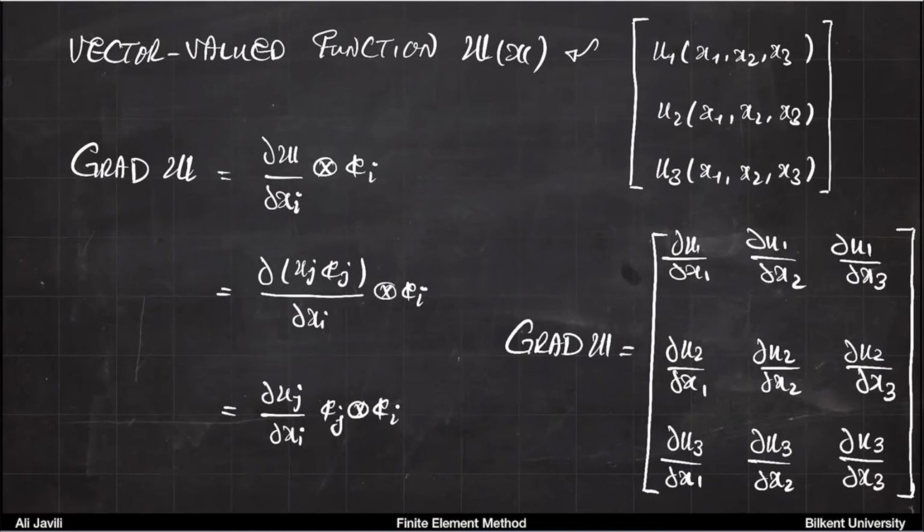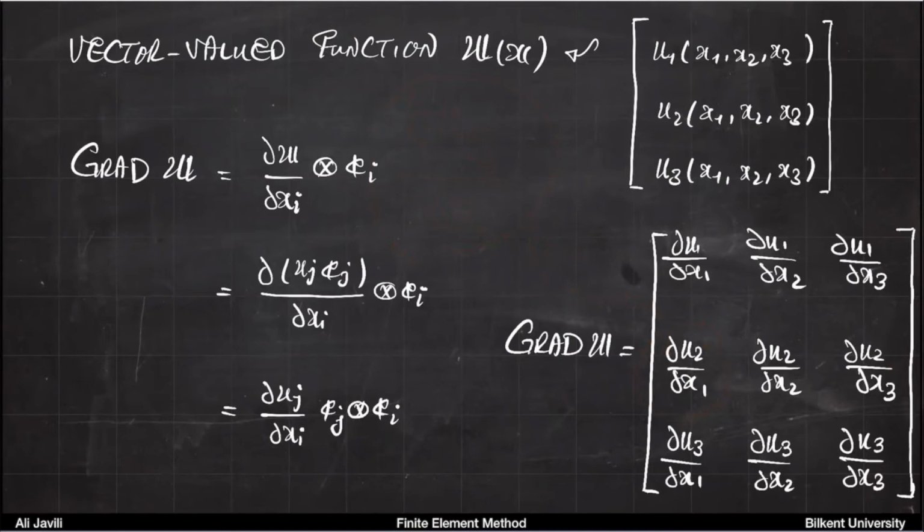So the gradient of that vector is a matrix, or otherwise a second order tensor. And if you think of your old notation, this thing would have been for you the derivative of uy with respect to x. But here we just use the numbers 1, 2, and 3.